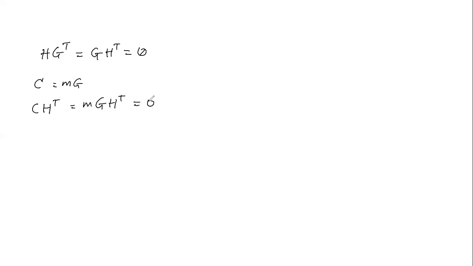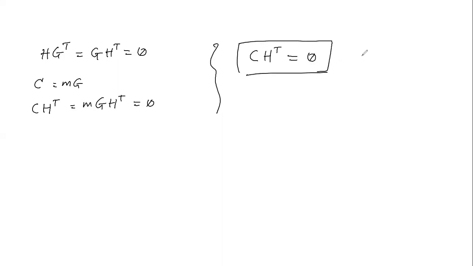This is going to be the same as 0. So it means that should we multiply the code word by the transpose of the parity check matrix, we should have a 0. And once we have a 0, it means that there is no error in the received code word. Okay?